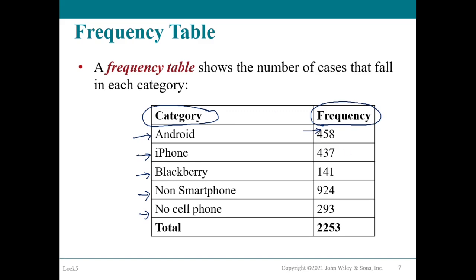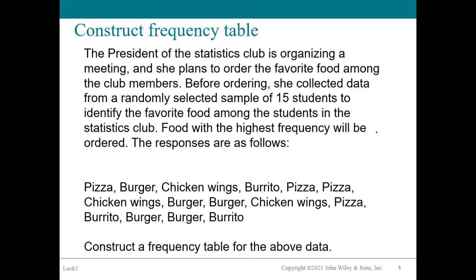Since we have categories and frequencies, this summary table we call a frequency table. It shows frequencies of this categorical variable. Down below you can see the total, which is the sum of all these frequencies.